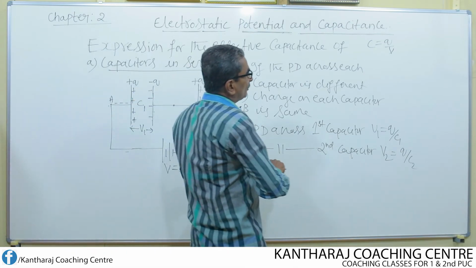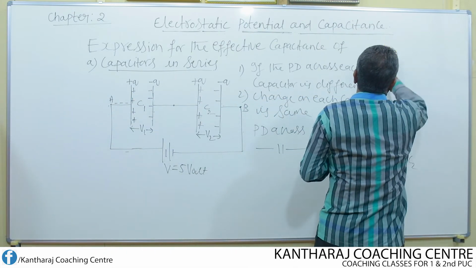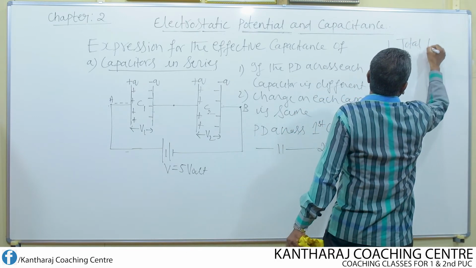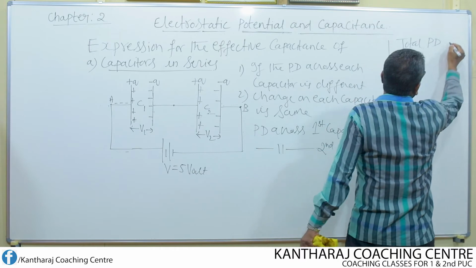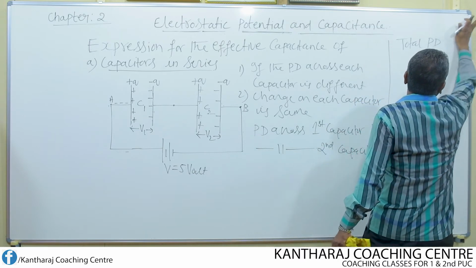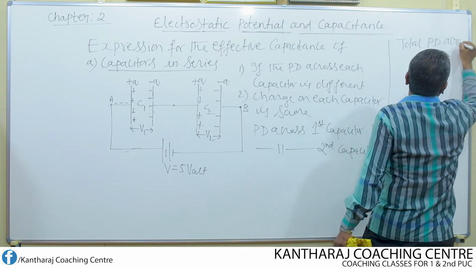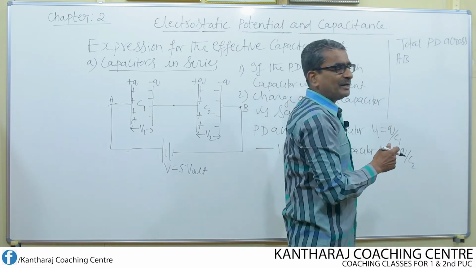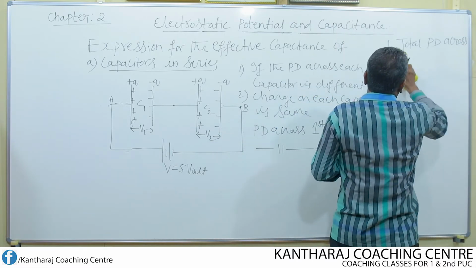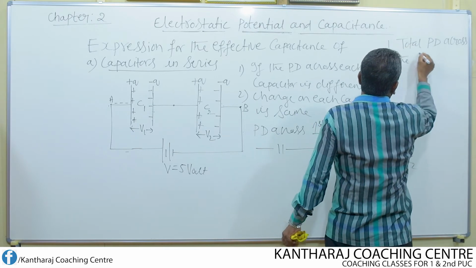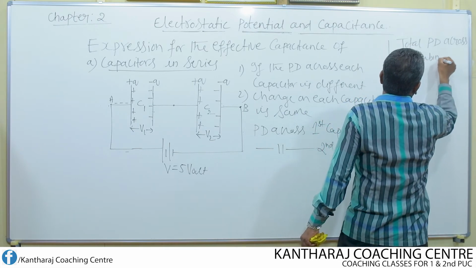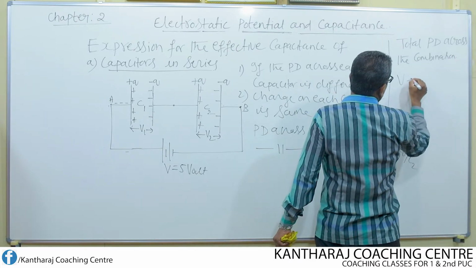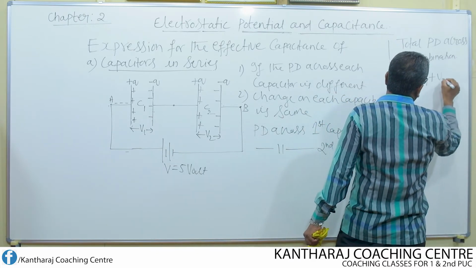So let us find out the total potential difference across AB, means across the combination. It is V equal to V1 plus V2.